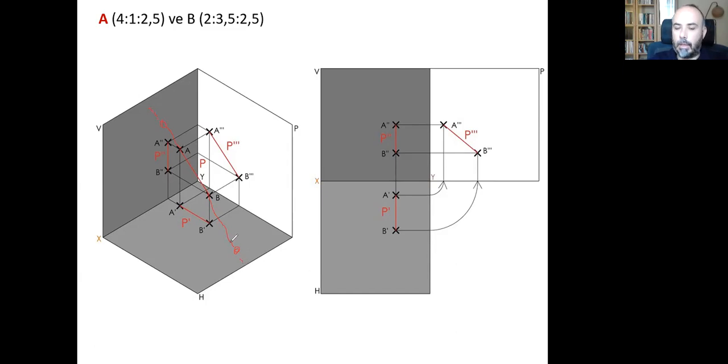And these points are named as the traces of this line. So we were asked to find them also. How are we going to do that?